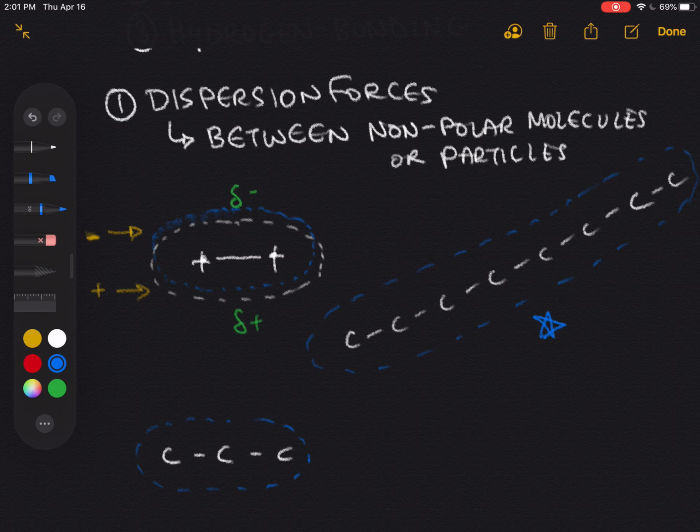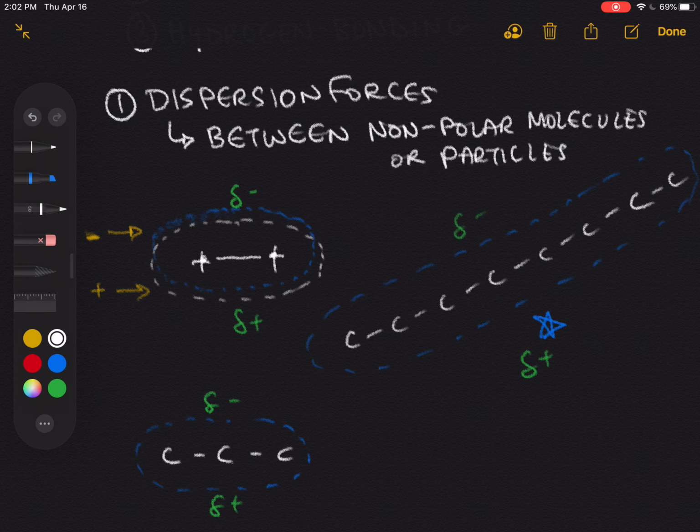And so because it's more shiftable, because there's more there to shift, you're going to end up with, after it shifts, a larger area of partial positive and a larger area of partial negative than it would be possible down here with propane.